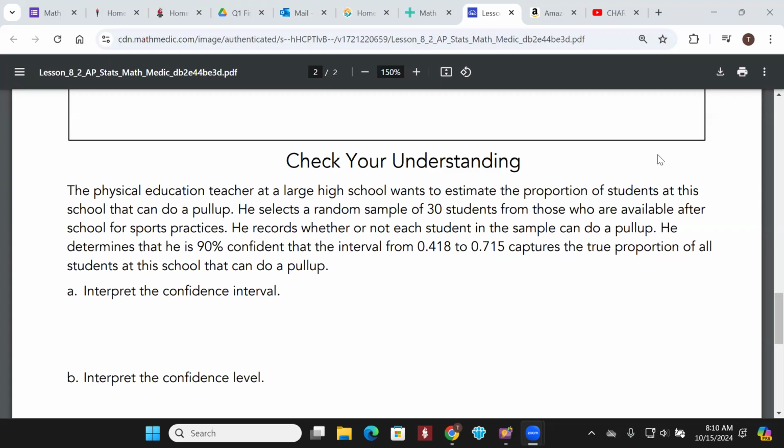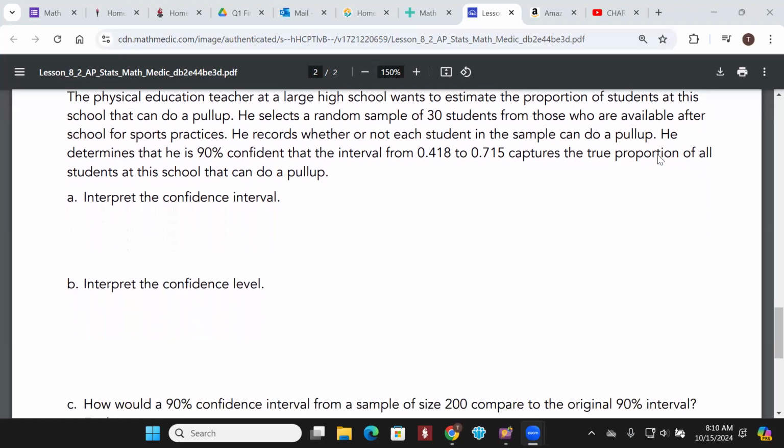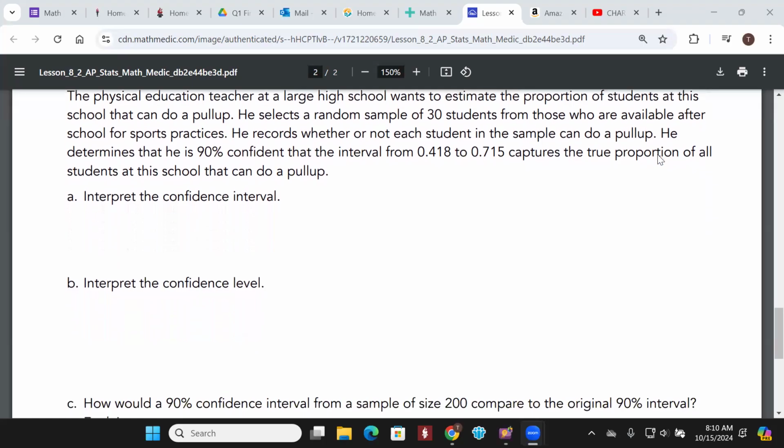Okay, so he selects a random sample of 30 kids who are available after school for sports practices. He records whether or not each student in the sample can do a pull-up. He determines that he is 90% confident that the interval from 0.418 to 0.715 captures the true proportion of all the students that can do a pull-up. So he's like 40 to 72%, right?